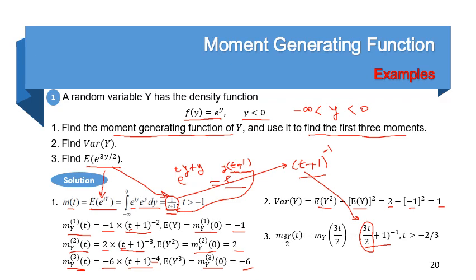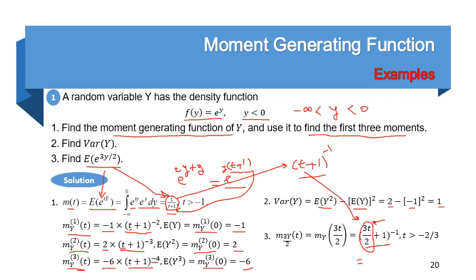So this is how we do it. We replace the t by 3 over 2 t because all what he did here, he replaced the y by 3 over 2. So the expectation of this one is you replace the t by 3 over 2, and finally you replace the t by 1 because your number 3 equation does not have any t. So eventually your answer will be as here.